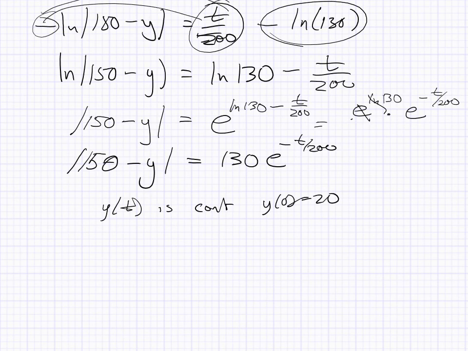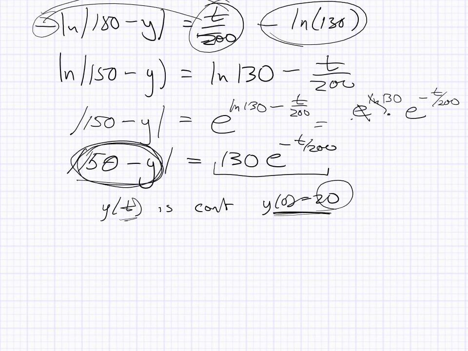If you look at this, you can tell that this is never going to be 0, and since this is a continuous function and we get a positive value here, this thing in here is always positive. If that's the case, we could just drop off the absolute values.